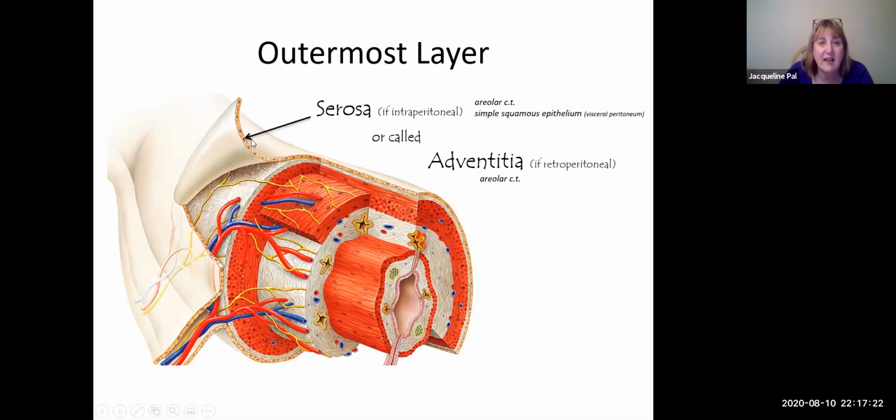In that case, we call it the serosa. Now, if it's retroperitoneal, which you'll learn about shortly, we're not going to have the epithelium. We're just going to have the areolar connective tissue portion of this outermost layer, in which case we will use the word adventitia instead of serosa.